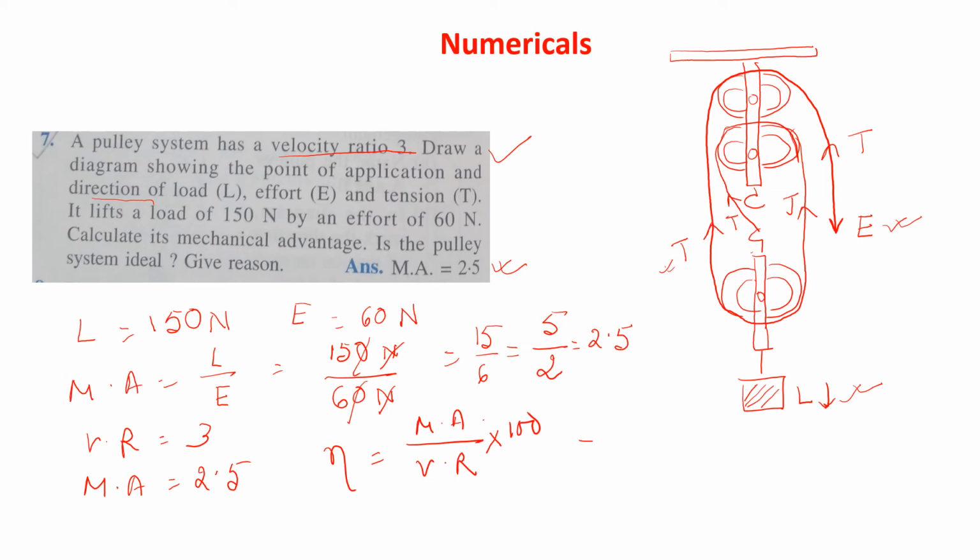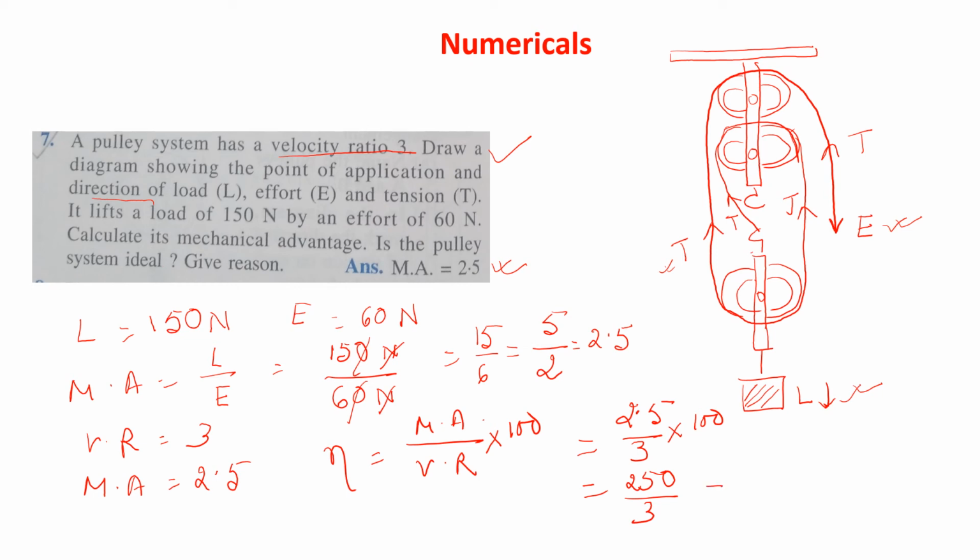So how much I am getting? 2.5 by 3 into 100. So it is coming 250 by 3. Okay, with the 0 the point will go, so it is 250 by 3.